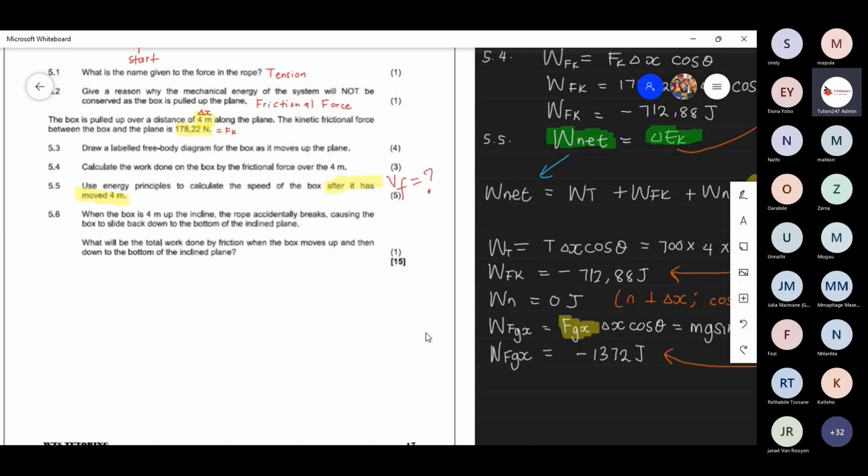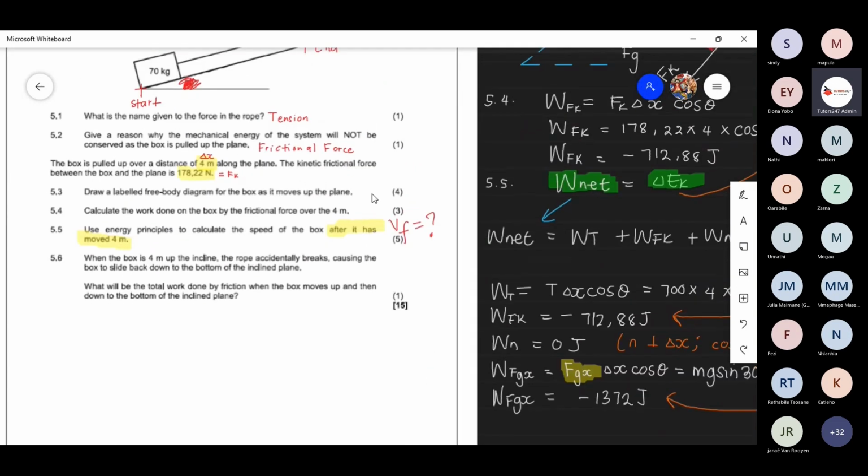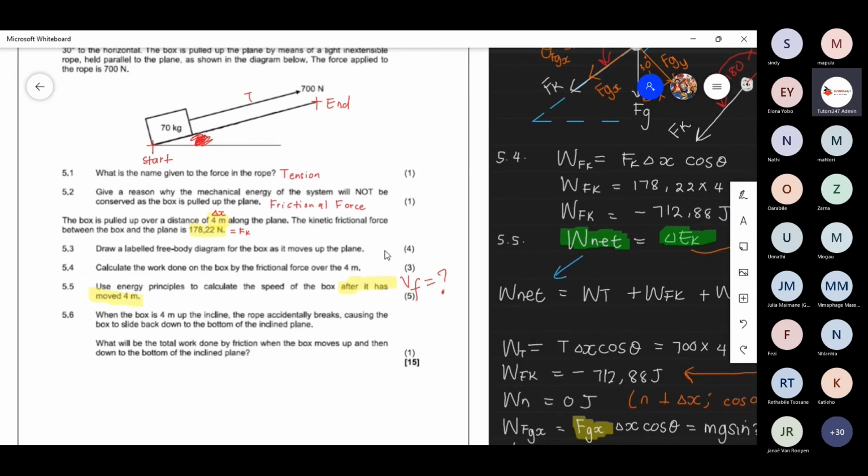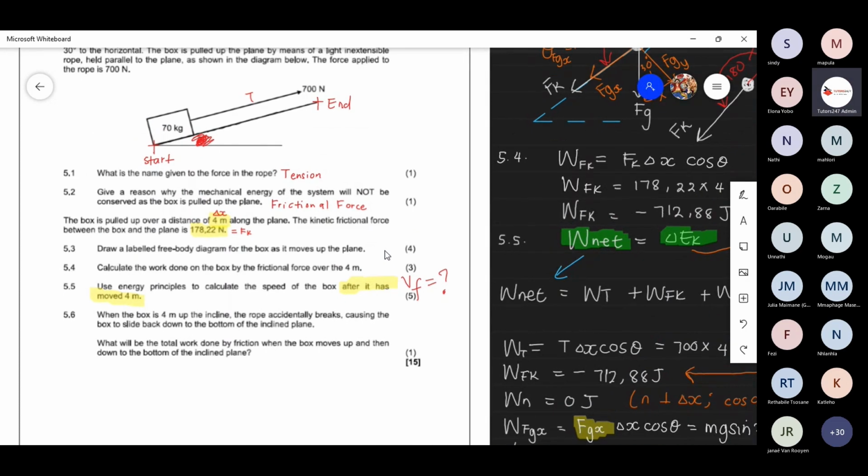So basically, this object that was moving up the inclined plane, once it reached that 4-meter point, the rope snapped. There was no force pulling it up the incline anymore. And because of frictional force and because of the parallel component of Fg that pulls the box down the slope, the box then started to slide back down the slope.